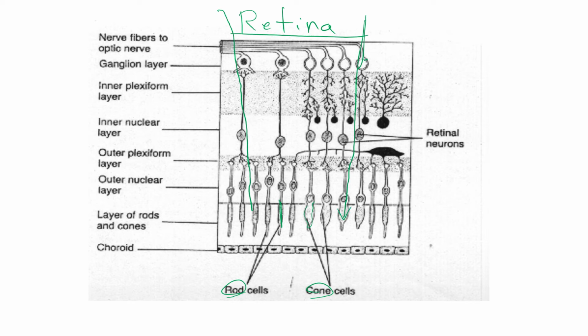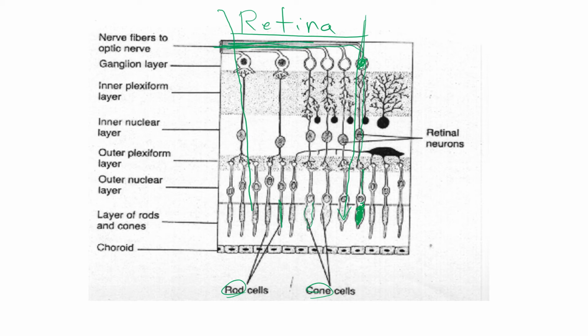If a cone gets stimulated, let's say this cone right here, with light rays coming in, it sends an impulse up to this bipolar neuron that tracks it up to other nerves that track it up to the brain. So this is off to the brain.